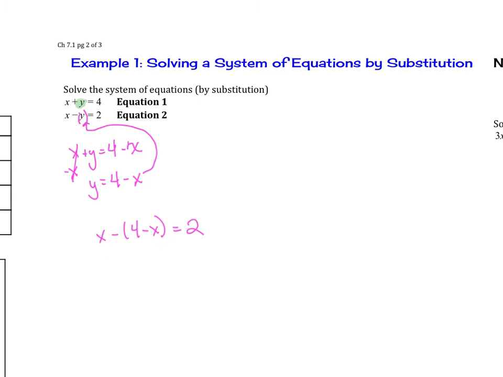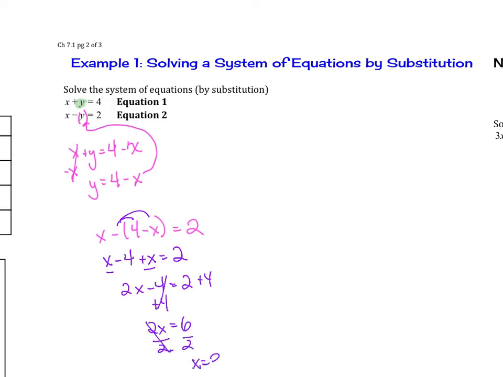So we should have x's only so we can solve for it. First, let's distribute the negative: x minus 4, and negative times negative is a positive x, equals 2. So that equals 2x minus 4 equals 2. We add 4 and get 2x equals 6. Divide by 2, so x equals 3.